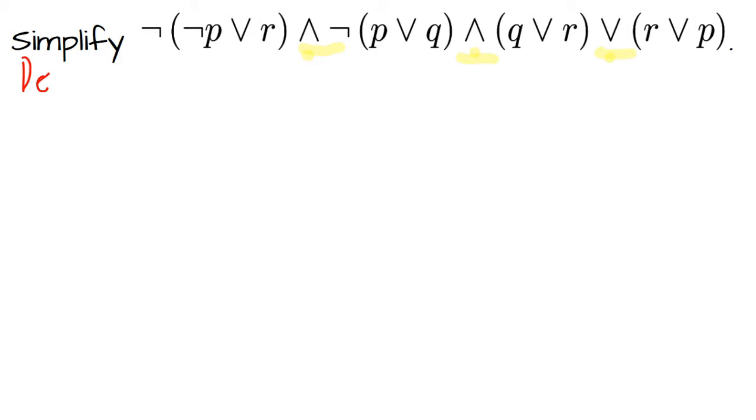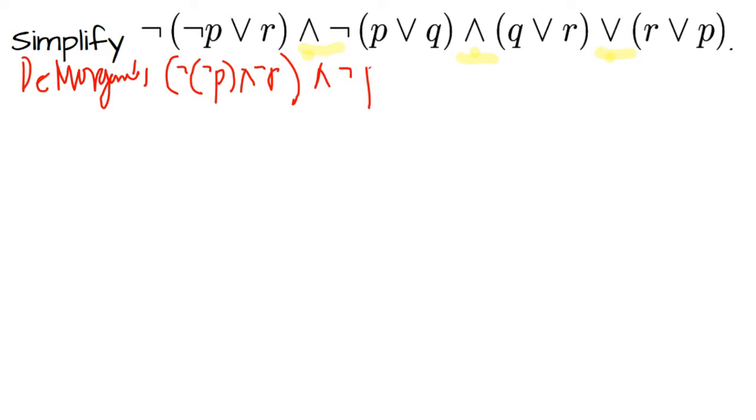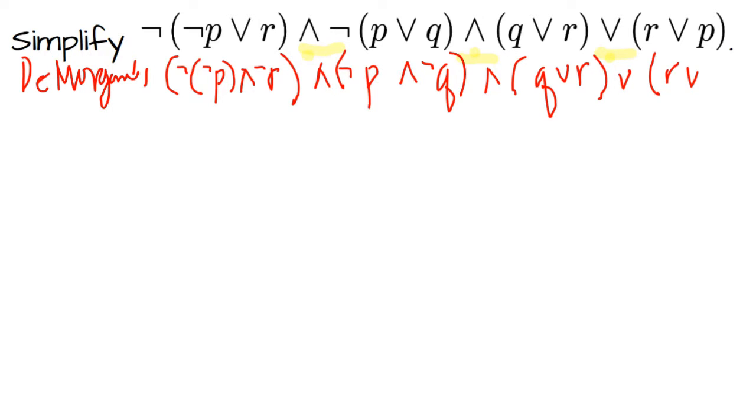We'll start with De Morgan's, and we will have the not of P and not of R, and not of P, and not of Q, and Q or R, or R or P.